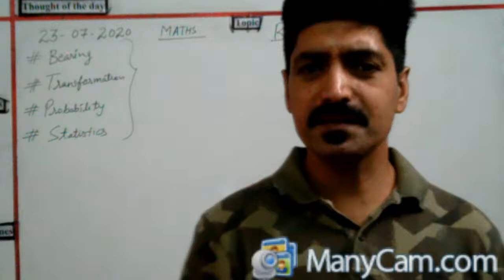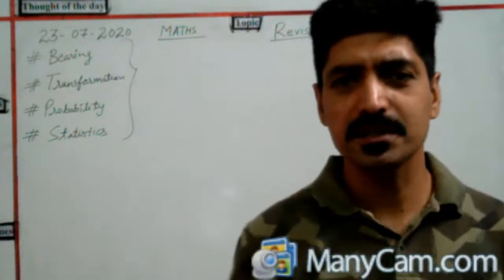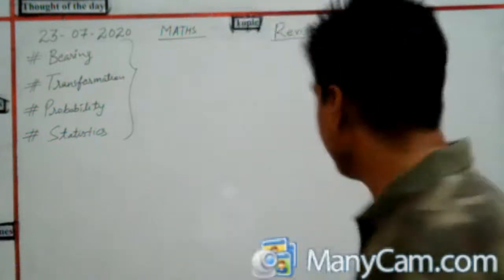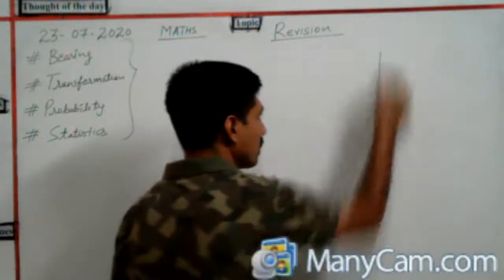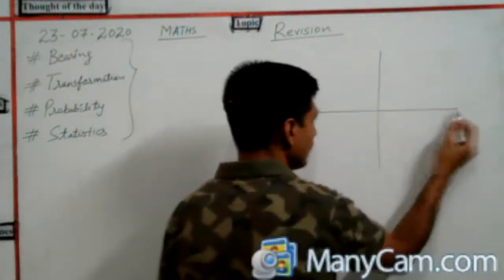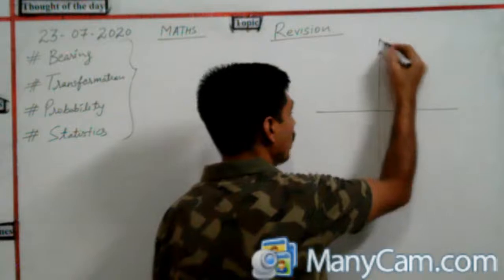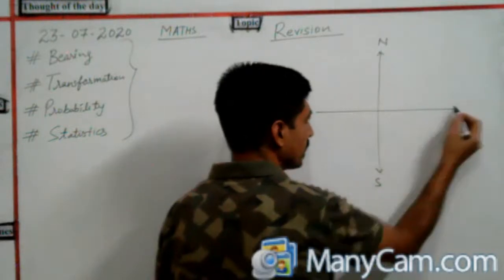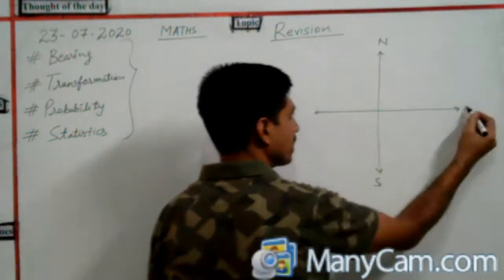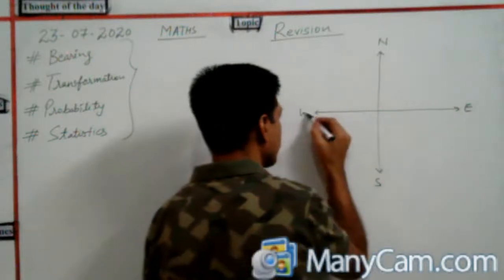Here, as we know, there are four directions. Further, we divide the directions like north, south, east, west. If one direction is north, the opposite is south, then east, west.